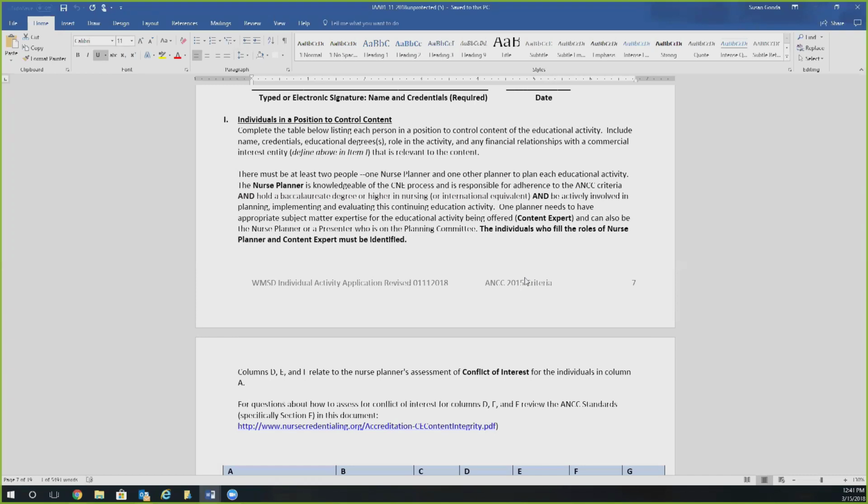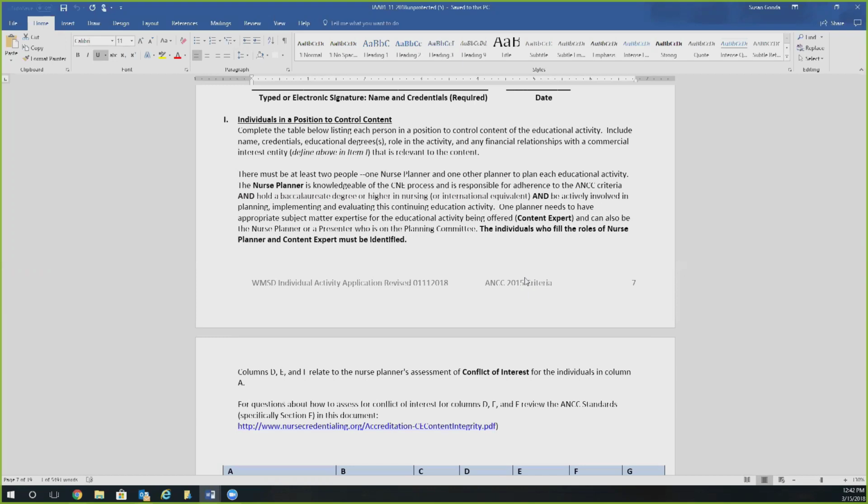I would have them fill out the top half of the conflict of interest form and self-report for the last 12 months whether they've had any involvement. The nurse planner then needs to make the determination: is this going to be a conflict related to our topic?